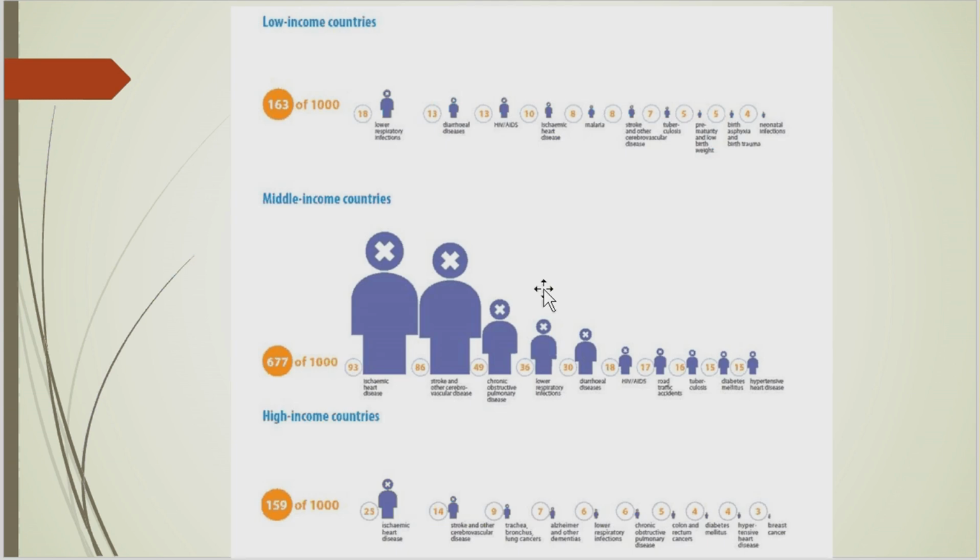All right, so let's take a look at which of these diseases tends to be most important, and it does tend to vary in different parts of the world. This graphic here is in your handouts, but I've reproduced it here because it is quite interesting. The graphic represents a hypothetical random selection of 1,000 people from around the world.